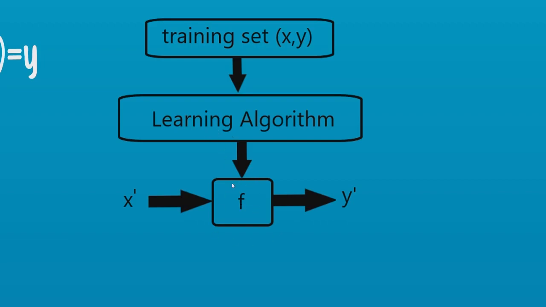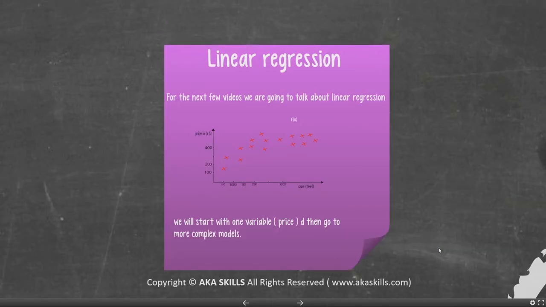After our learning algorithm constructs this function, we give it a new x, and it gives us a new y, the right y, or prediction, you can call it.